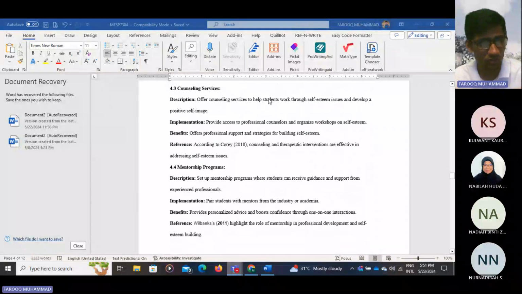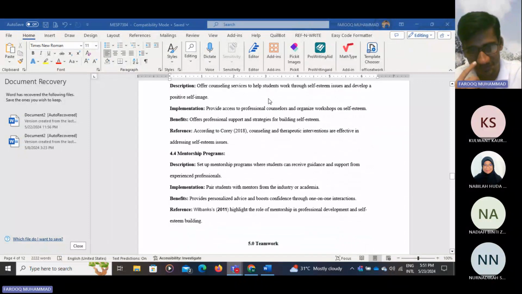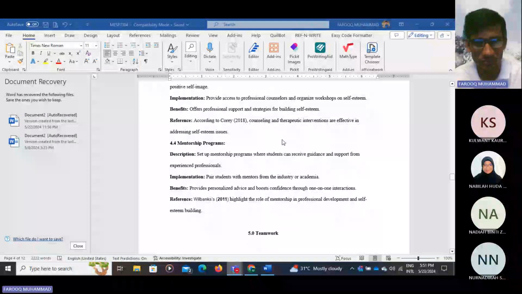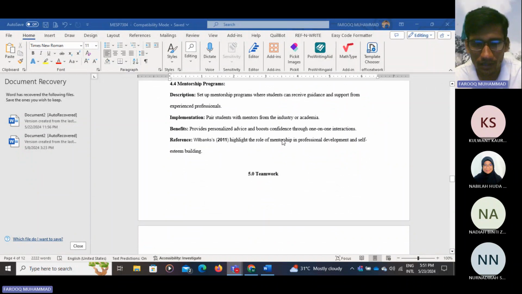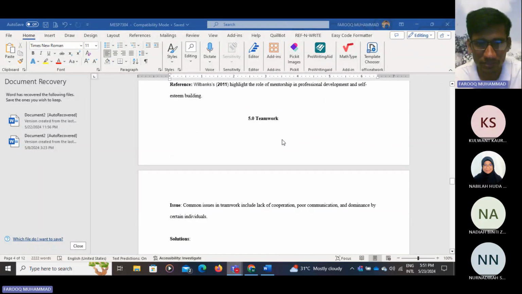So the mentorship program is very important, as we previously described. So guidance and support from the mentorship. Here I reference Wilbanks 2011, who highlighted the role of mentorship in professional development and self-esteem building.